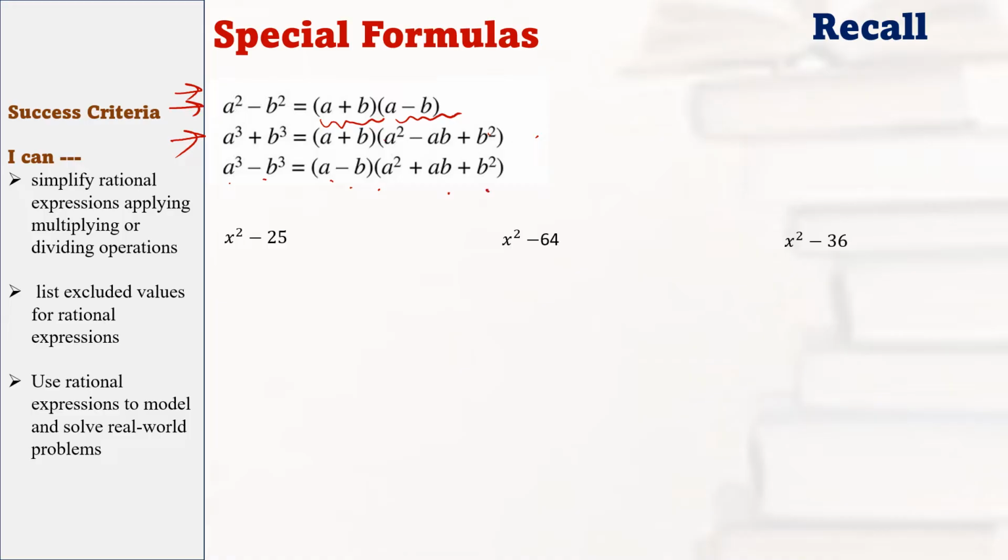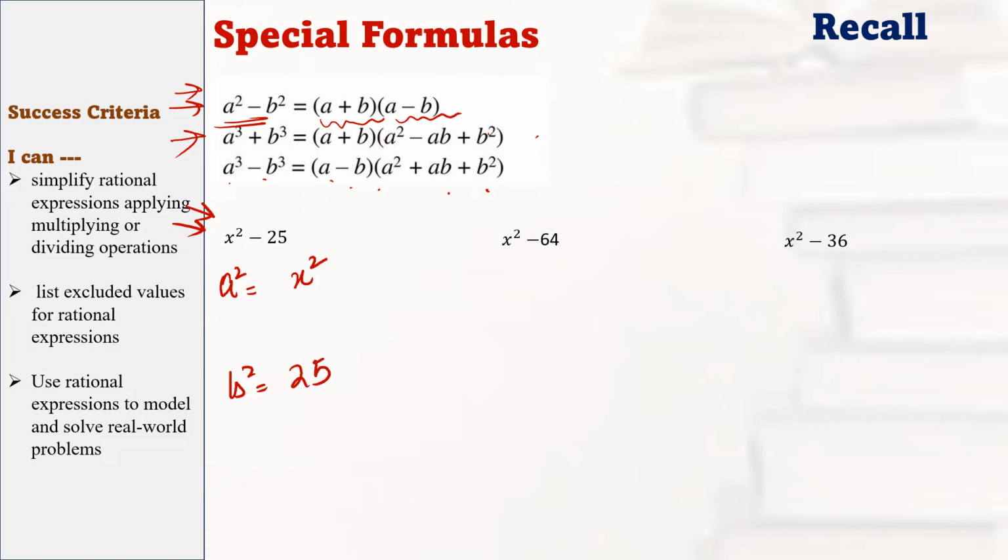So let's try to solve question number 1. So x squared minus 25 means you have a binomial, so you will apply the first formula. So look, what is your a square? A square is x square. And what is your b square? It is 25. Never ever write the sign.